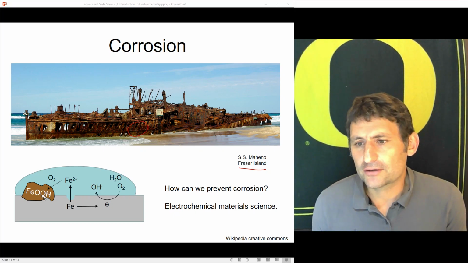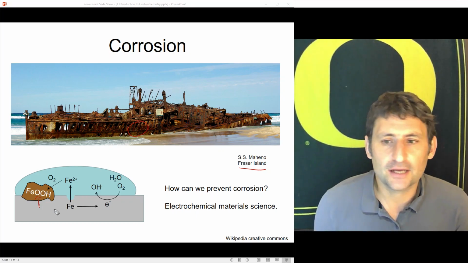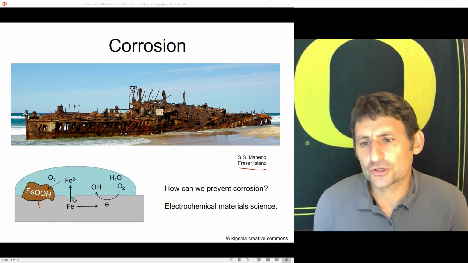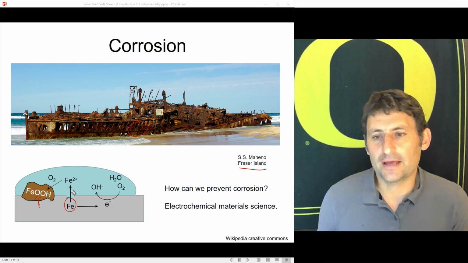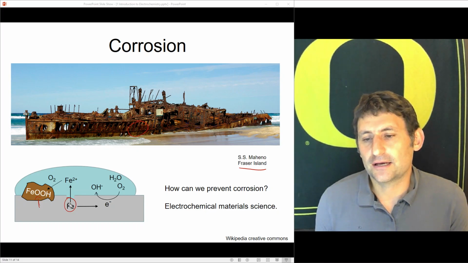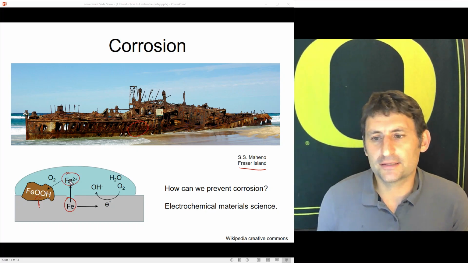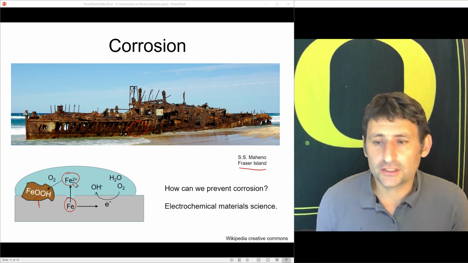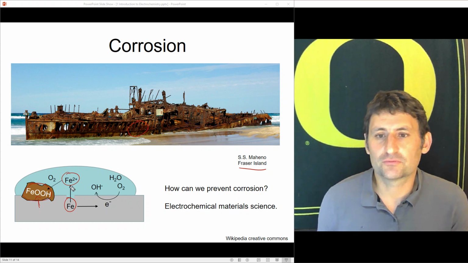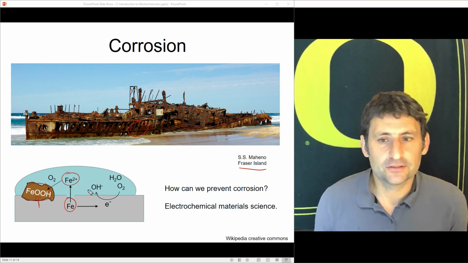And that reddish brown color is, of course, rust. And rust is typically iron oxides or oxyhydroxides. And corrosion occurs due to oxidation of a metal. In this case, iron's oxidized to form iron 2+, which can combine with oxygen and water to make these rusts, which precipitate and make these scales on the surface.